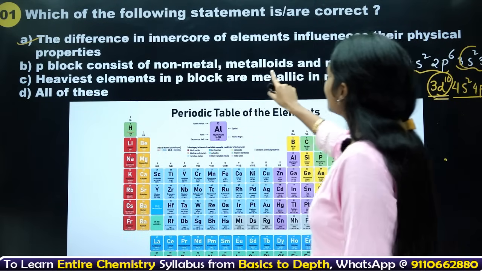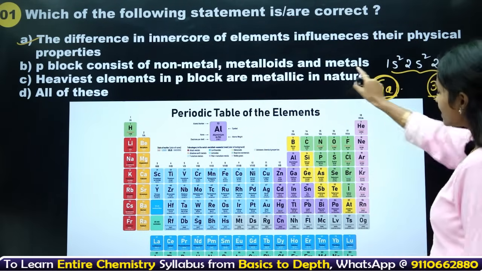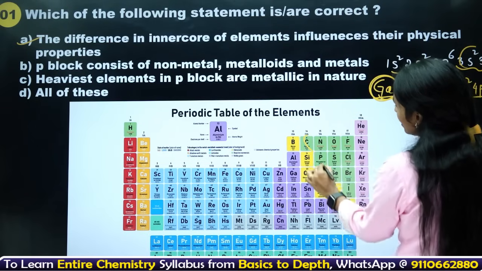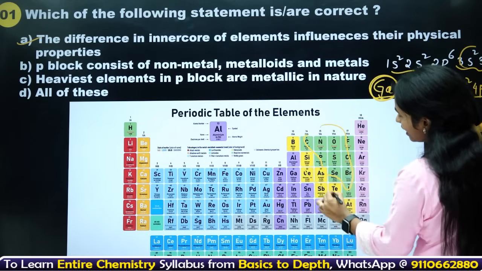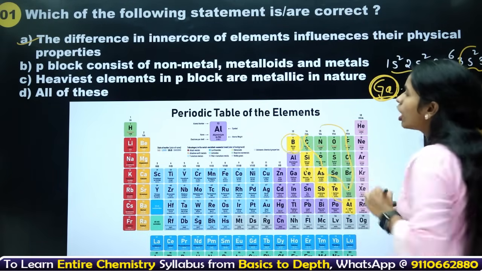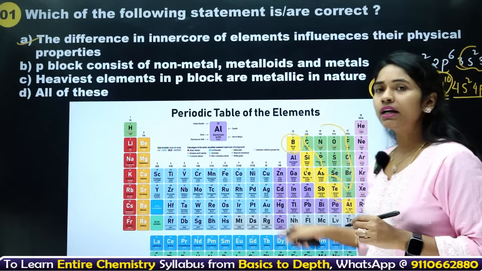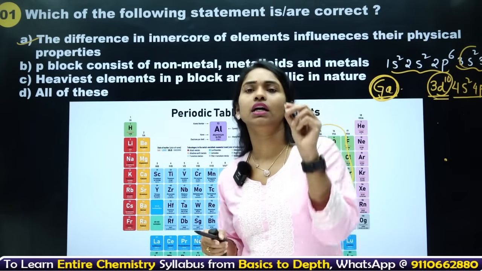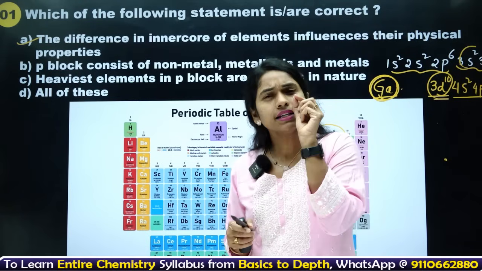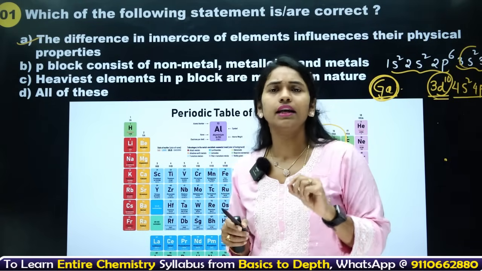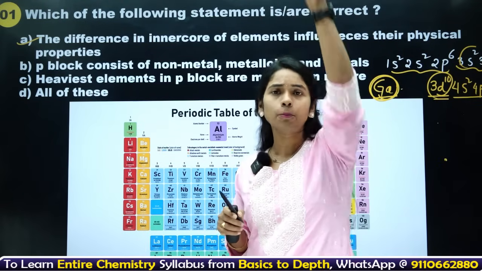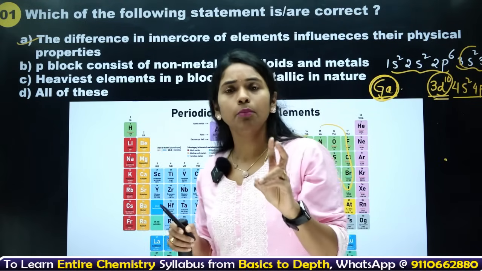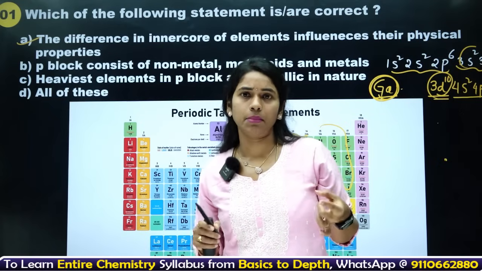P block consists of non-metals, metalloids and metals. You can see the P block contains non-metals and it contains metalloids. Here, boron is given as a metalloid, but class 11 NCERT gives boron as a typical non-metal. It has slight metallic character, the least metallic character from top to bottom. Other than boron, all the remaining elements are metals.